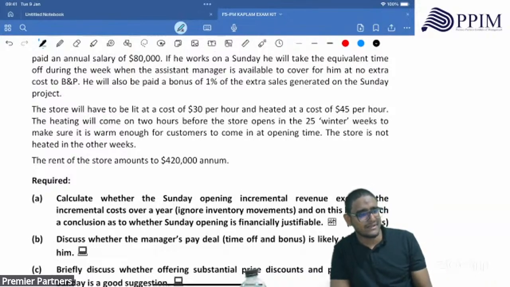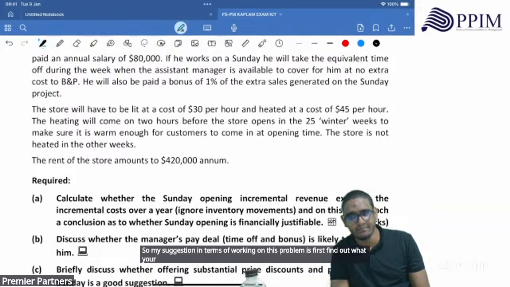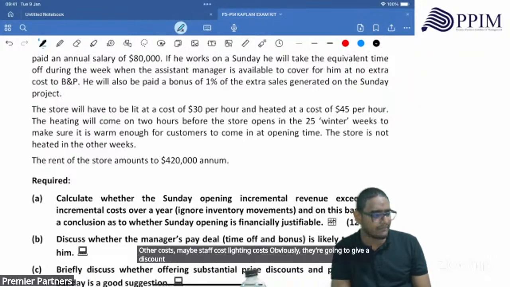So my suggestion in terms of working on these 12 marks is first find out what your revenue is going to be on Sunday. Then calculate other costs, maybe staff cost, lighting cost. Obviously, they're going to give a discount on purchasing, so see what impact that is going to have.